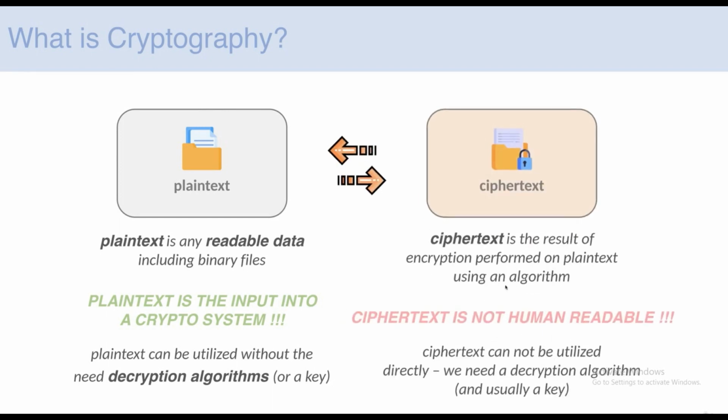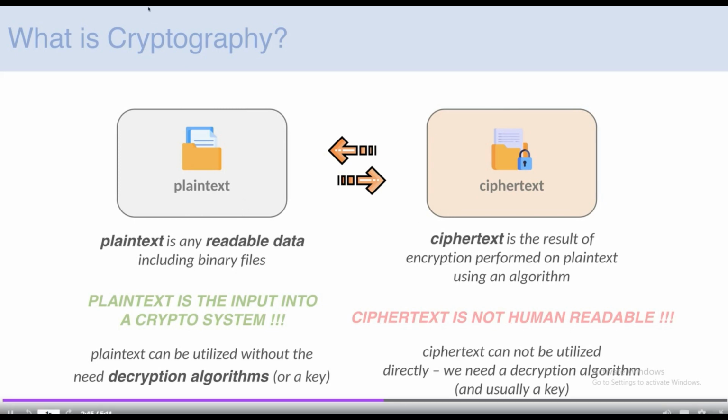A ciphertext is the result of encryption performed on plaintext using an encryption algorithm. Of course, the ciphertext is not human readable. Essentially, this is why we use cryptography. We would like to transform a plaintext into ciphertext, and this is how we make sure that the ciphertext cannot be read by third parties.